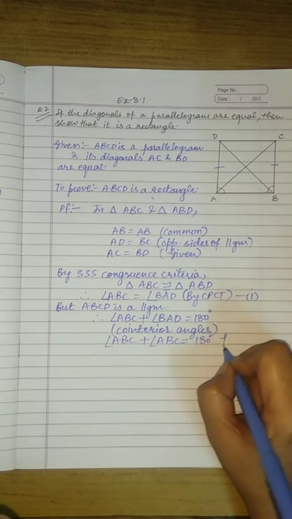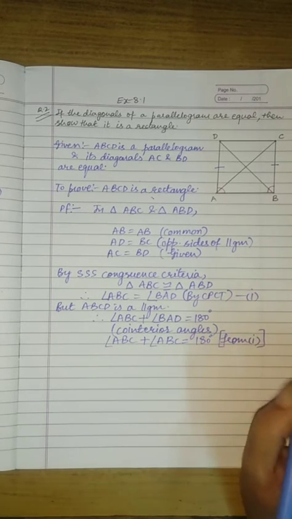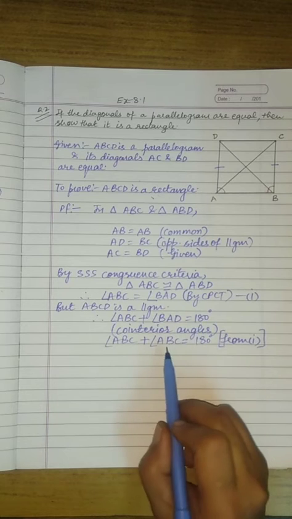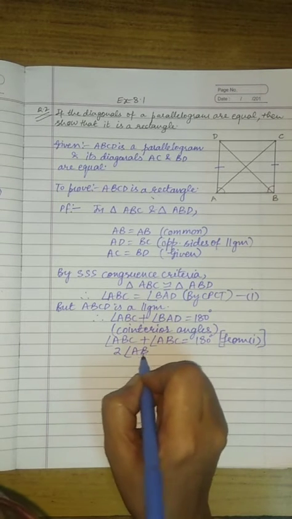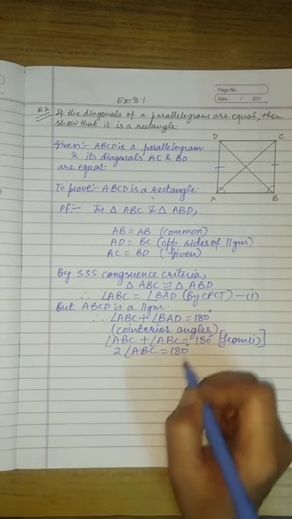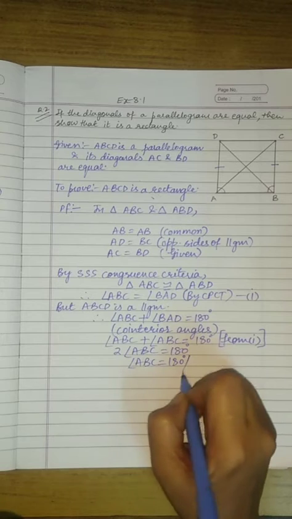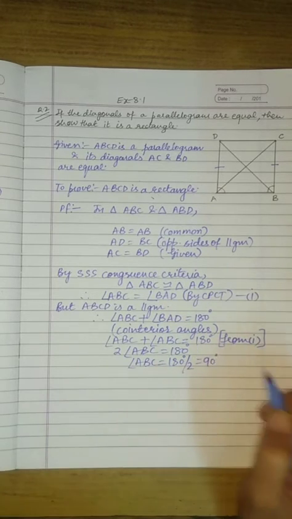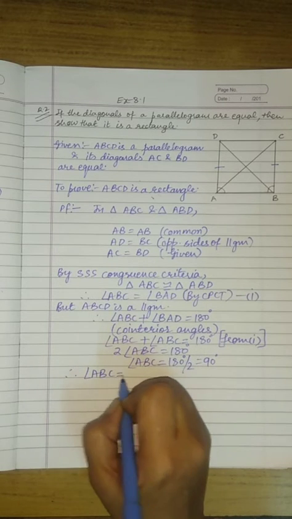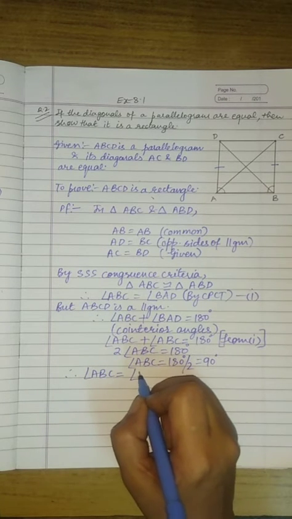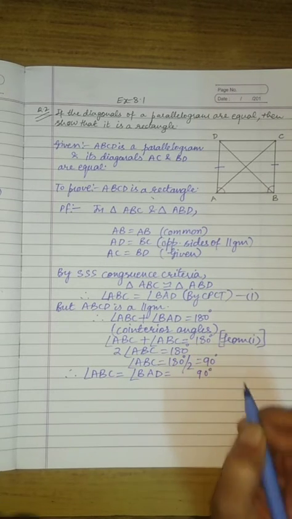So from 1, I replaced angle BAD with angle ABC. So it becomes 2 angle ABC is equal to 180 degree. So angle ABC is equal to 180 by 2, that is 90 degree. So it means both the angles, angle ABC as well as angle BAD, are equal to 90 degree.